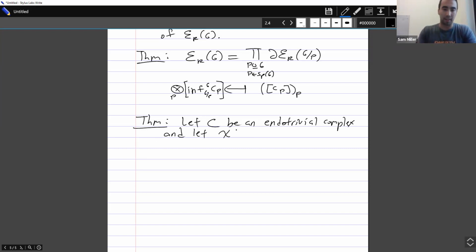Let curly X be a subset of SPG. Let it be a sub-poset closed under G conjugacy and subgroups.